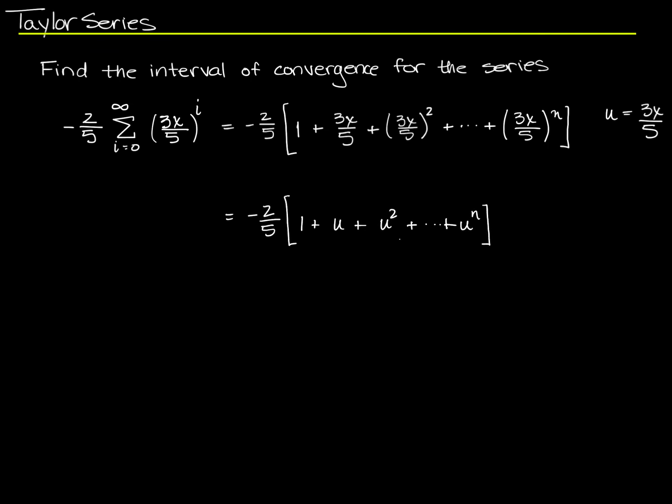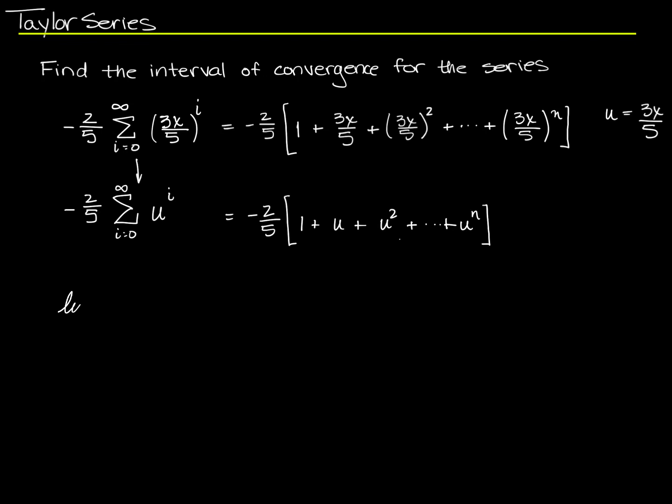Again, simpler still. And so what we really have then is that this thing here is equal to negative 2/5 times the sum, as i goes from 0 to infinity, of u to the power of i.